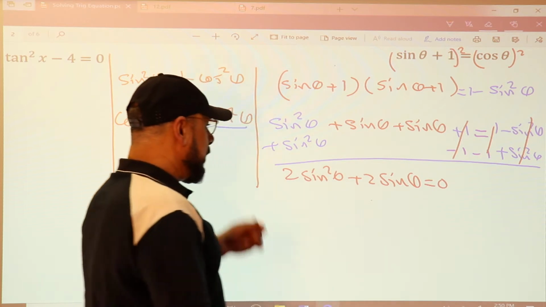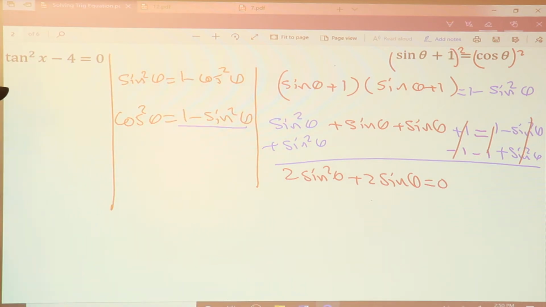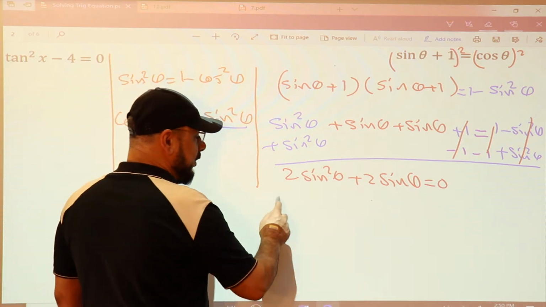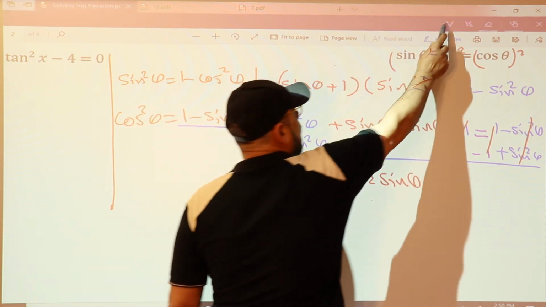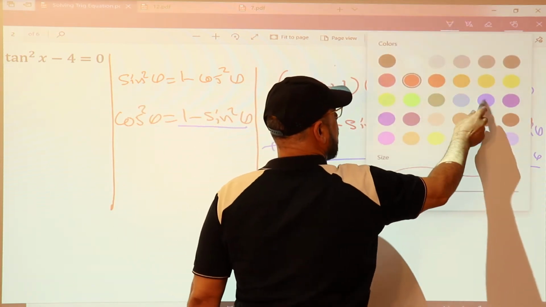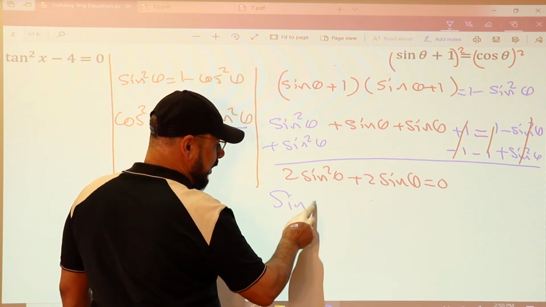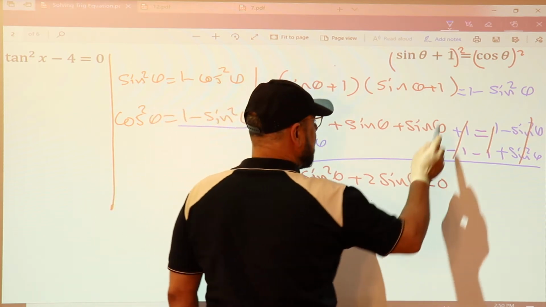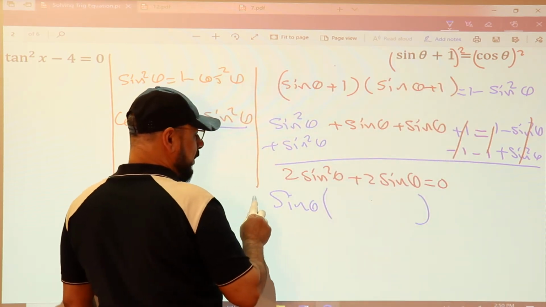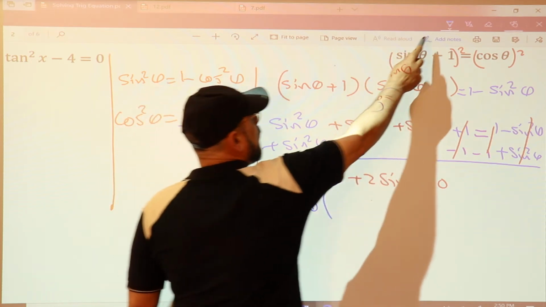Okay. Now it's an easy equation. All you have to do is take sine theta as a common factor. Sine theta out, you see that? Open parentheses. You can take even 2 sine theta if you want.